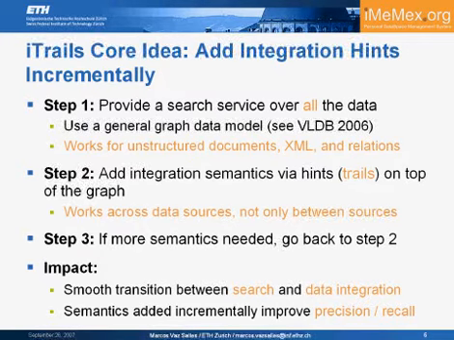In a second step, we add integration semantics by providing hints on top of the graph. These hints we call trails. As the trails are provided on top of the data graph, our approach works across data sources and not only between sources. Whenever more semantics are needed, we just add more hints, that is, more trails.